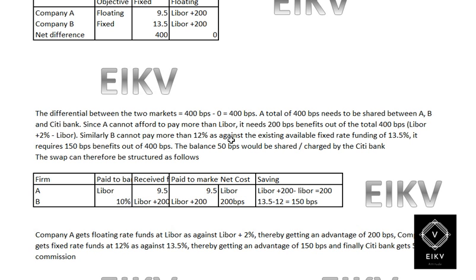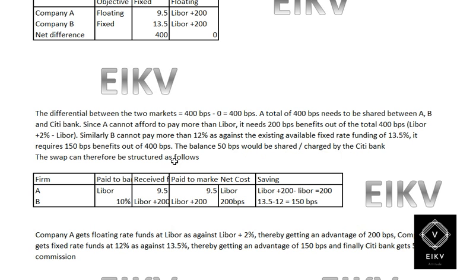Similarly, B cannot pay more than 12%, as against the existing available fixed rate of 13.5. It requires a 150 basis points benefit out of 400 basis points. The bank's 50 basis points would be shared or charged by Citibank.